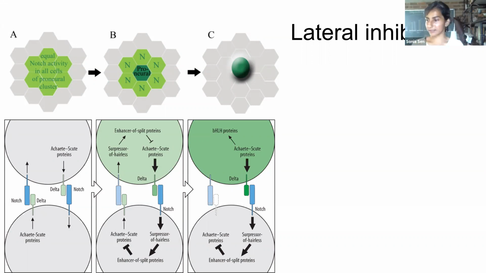And now what in turn happens is that while this cell cannot send notch signal, this cell that is sending notch signaling to its neighbor cannot receive notch signaling anymore. So the opposite happens over here, where enhancer of split now cannot inhibit proneural expression. And so now it can make much more delta.